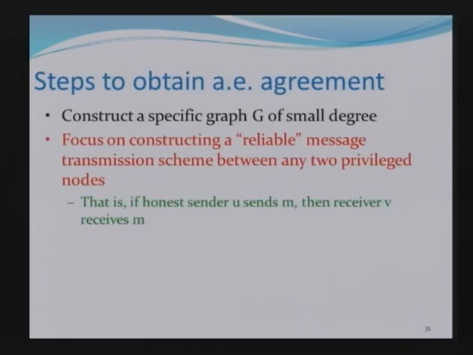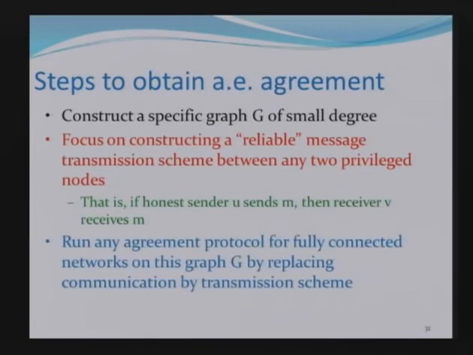That is, we first want to ensure that if there are two honest nodes that are not connected by a reliable channel, they can still communicate reliably, sending messages through adversarial nodes in the network. That will be the focus of most of these protocols. Once we are done with that, we can use standard techniques to run any agreement protocol and obtain our results. So the focus will be on the first two steps.